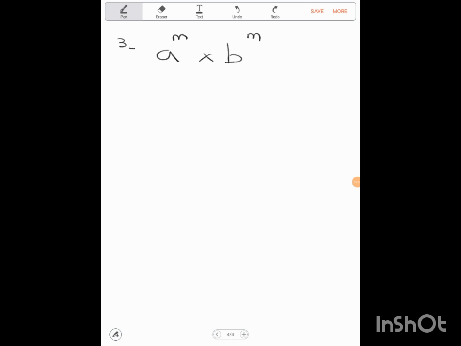So what you are going to do is multiply the bases and take a common power. It can be written in this way and it can also be written in this way. So let's do this question with an example.